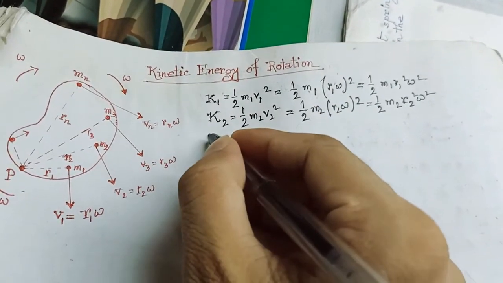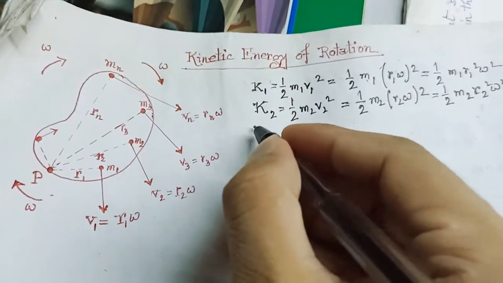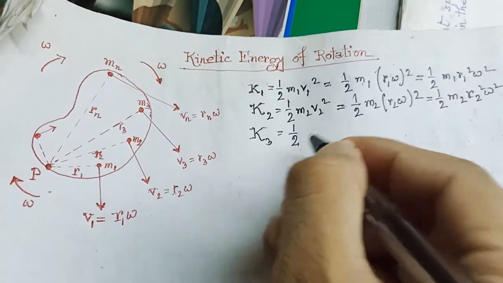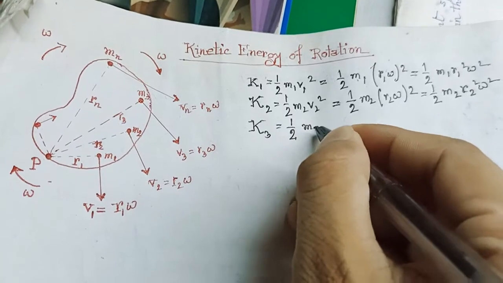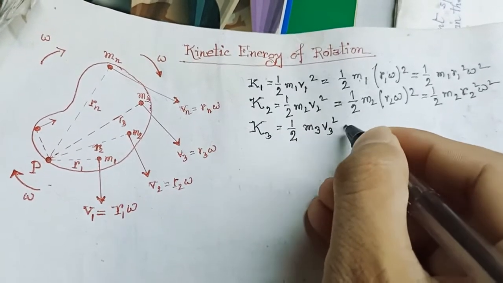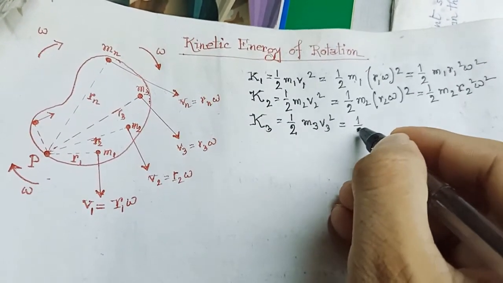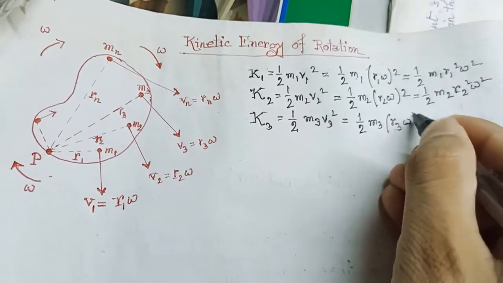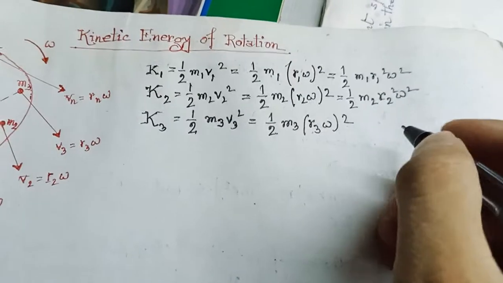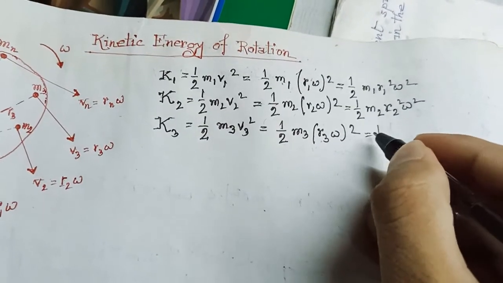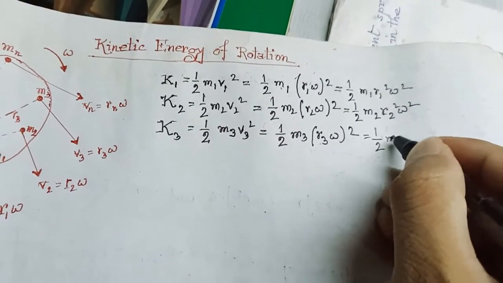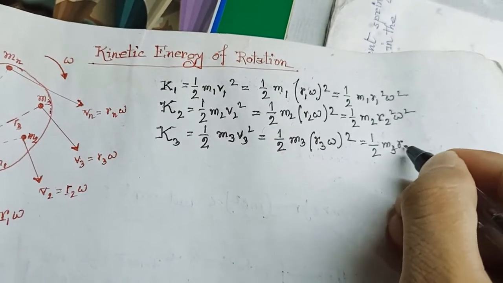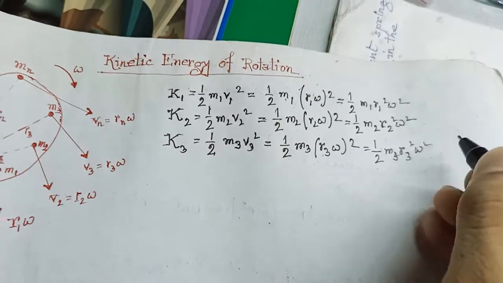Similarly, the kinetic energy of the particle of mass m3 will be k3 equal to half m3 v3 square, which equals half m3 r3 omega whole square, which equals half m3 r3 square omega square.